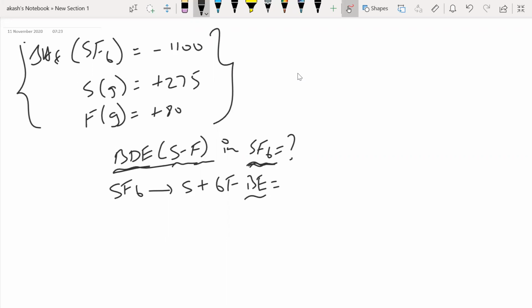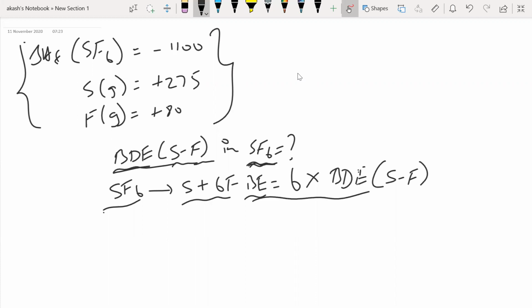Yes, absolutely right. So the overall bond enthalpy will be equal to 6 into bond dissociation enthalpy of SF bond. There are 6 SF bonds in this molecule, and all those have to be broken so that this comes out as product.